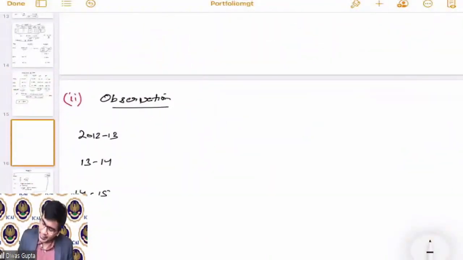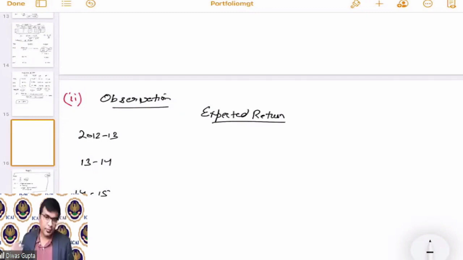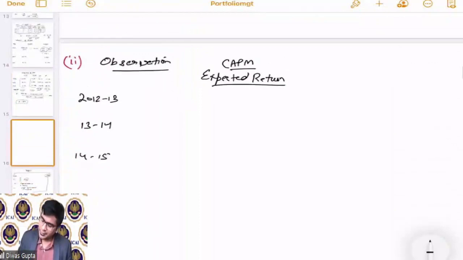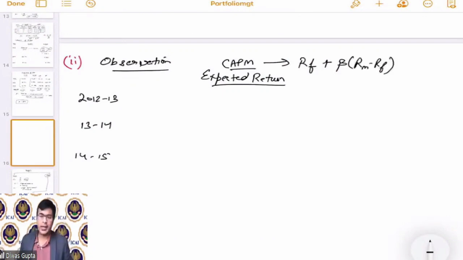So the expected return as per the capital asset pricing model will be the risk-free rate of return plus beta times (RM minus RF), correct?